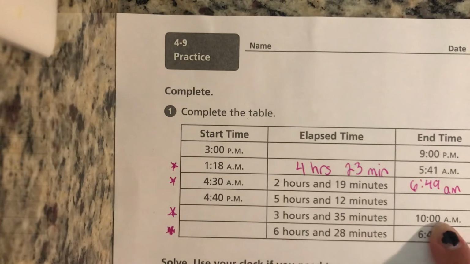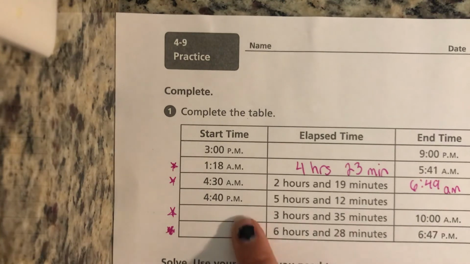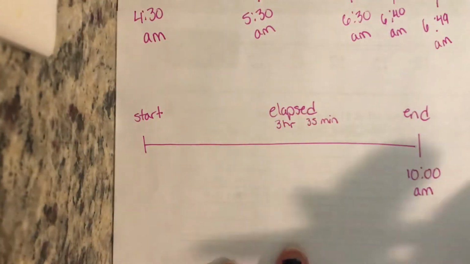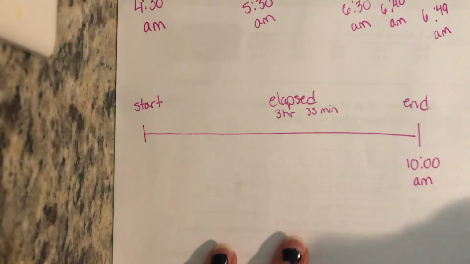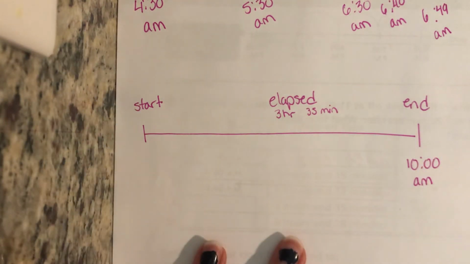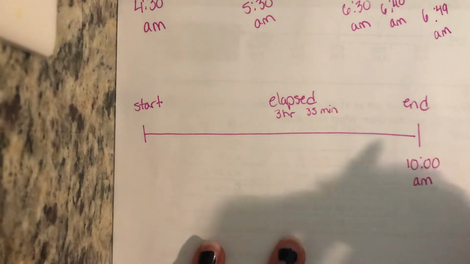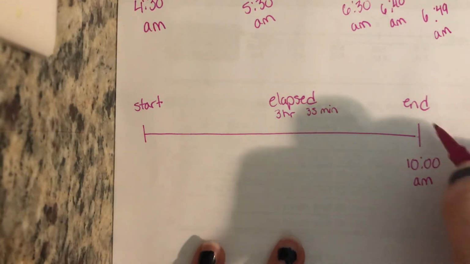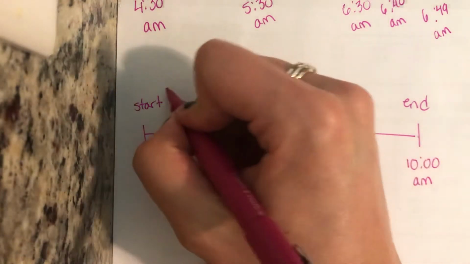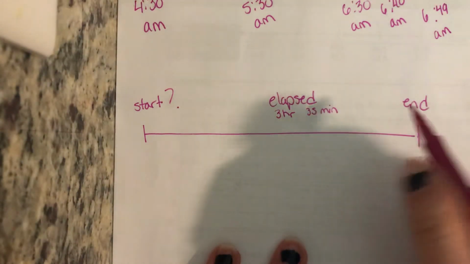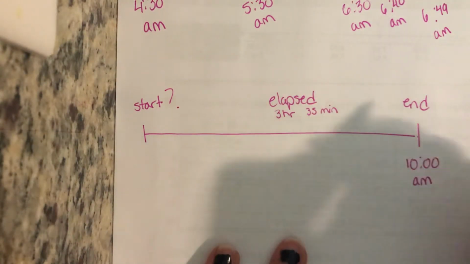Now, the last one we're going to do together, I don't know my start time. I know my elapsed time and my end time. This one is going to be tricky because I'm going to be counting backwards this time rather than counting forward like we have been. So starting actually at my end time, which sounds funny, I'm going to go backwards my 3 hours.